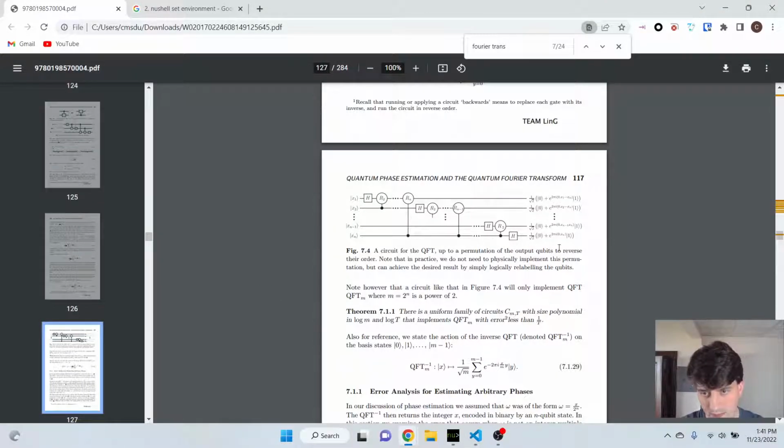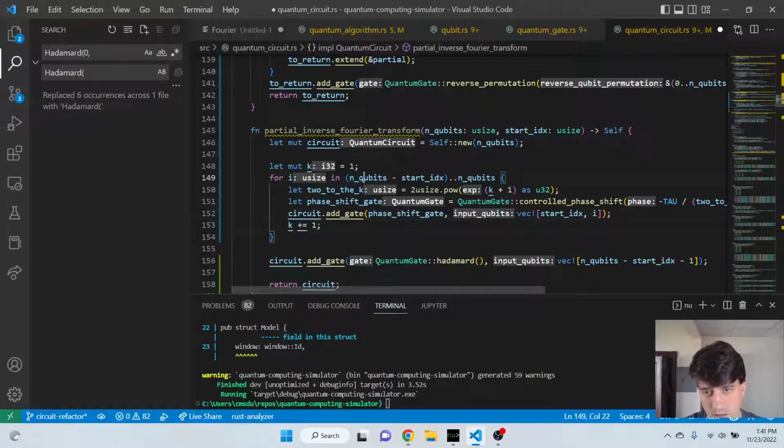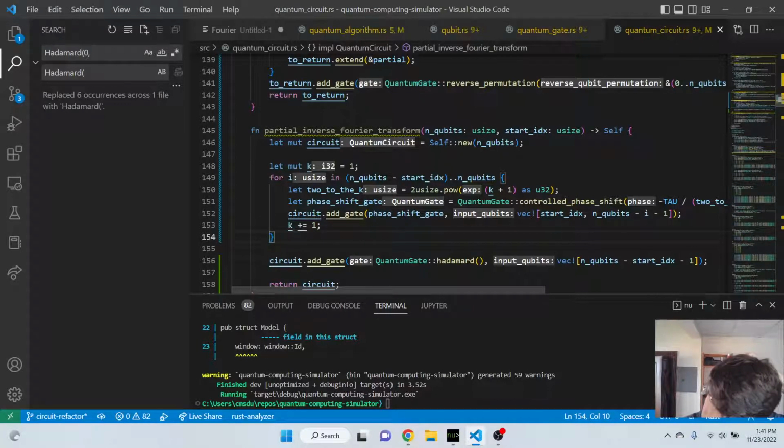So, and we're going this way. So it should be 0, 1. So we should start at the end, which is not what we're doing. But we can do that by going n qubits minus I minus 1. And that would be starting at the end.